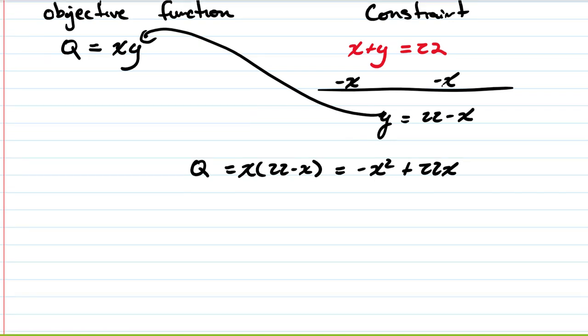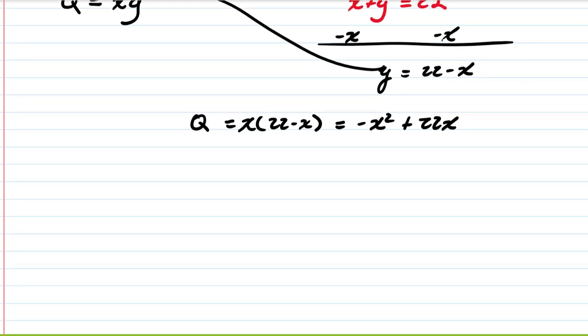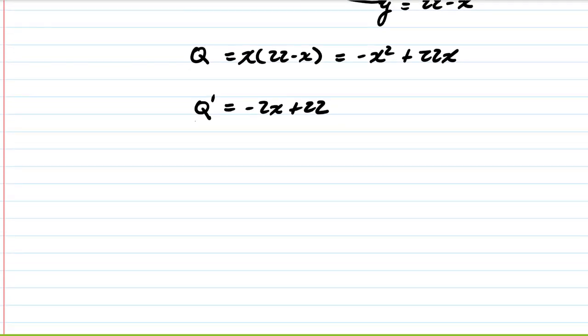Then to find the maximum, we find our critical numbers. So Q prime is equal to negative 2x plus 22. Then we solve Q prime equals 0, so negative 2x plus 22 is equal to 0.